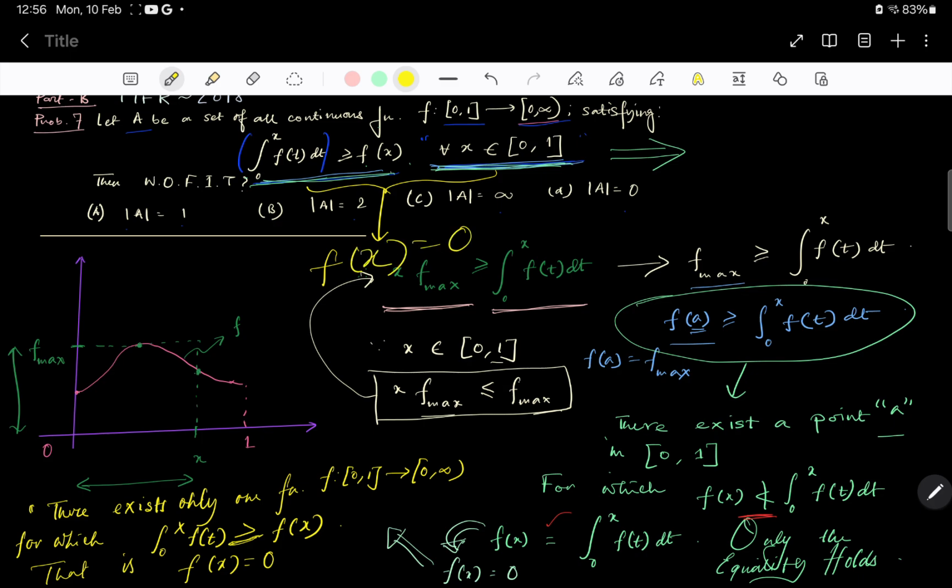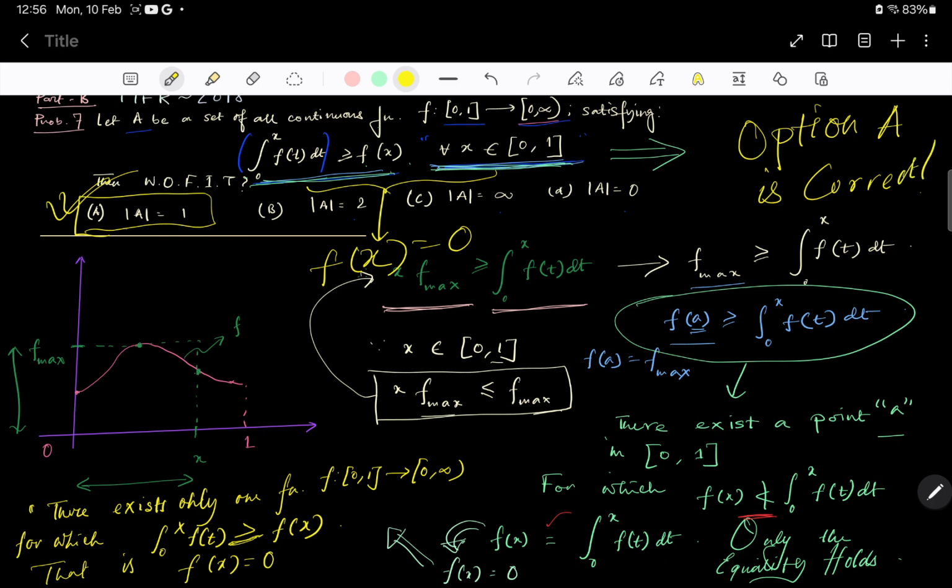Therefore, there is only one function and the cardinality of A is 1. Hence, option A is correct, where f of x equals 0.